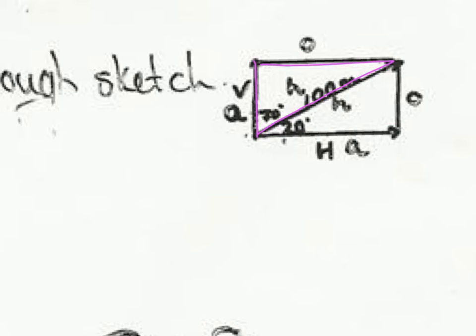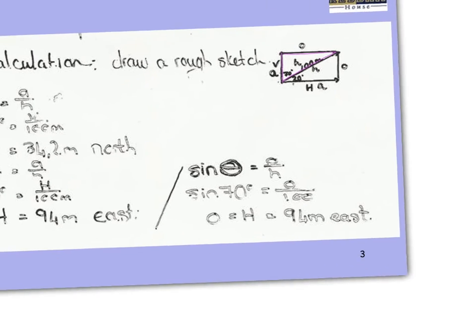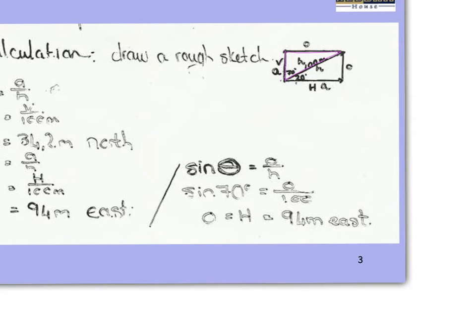That means I need to use sine, opposite over hypotenuse. So sine of 70 is the opposite over the hypotenuse. I have got my opposite side, which is what I don't know, over the hypotenuse, which is 100, sine of 70 degrees, and then I go sine 70, punch it into the calculator, multiplied by 100, and I will get 94 meters towards the east.